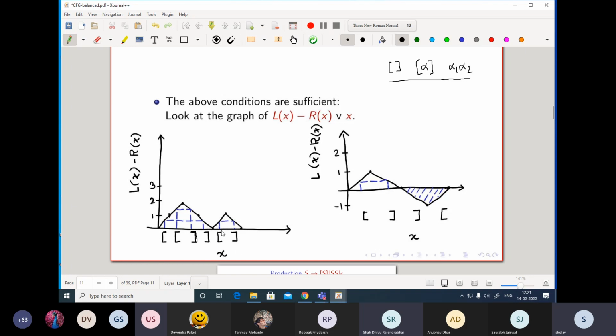And the mapping will basically be: you take the position of the right bracket, you go upwards till you hit the curve of the graph. Then you go towards the right till you hit the curve of the graph again, and then you move downwards till you hit the x-axis. You will find a left bracket at that point, and that is the matching bracket to the right bracket you wanted to match.